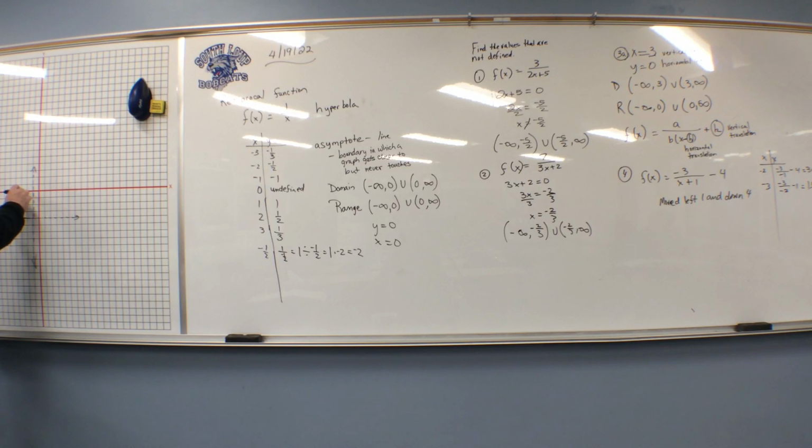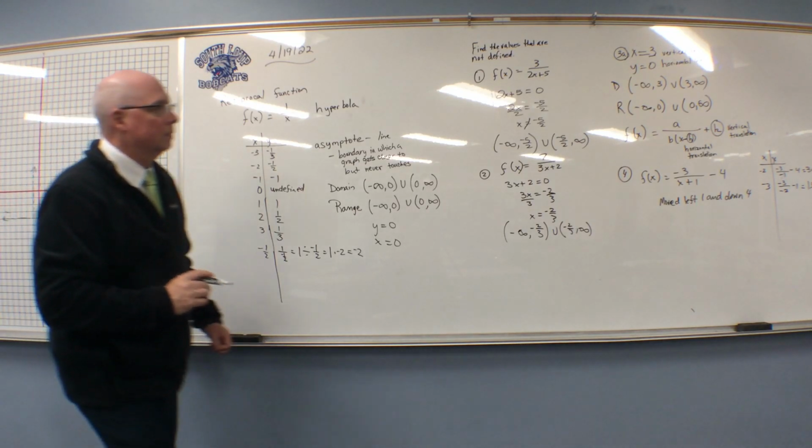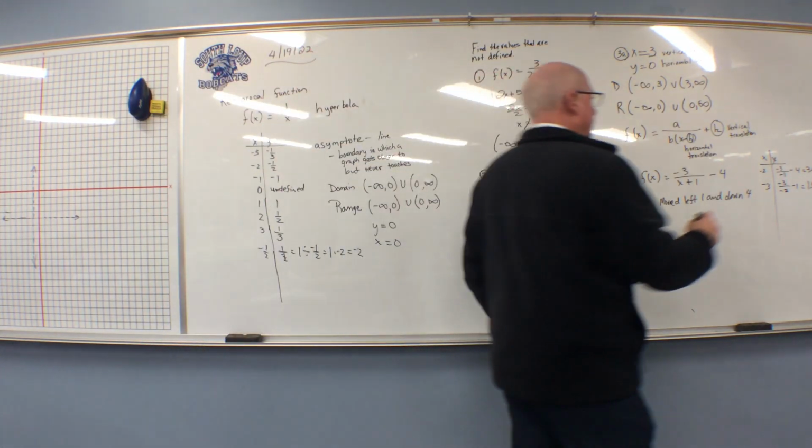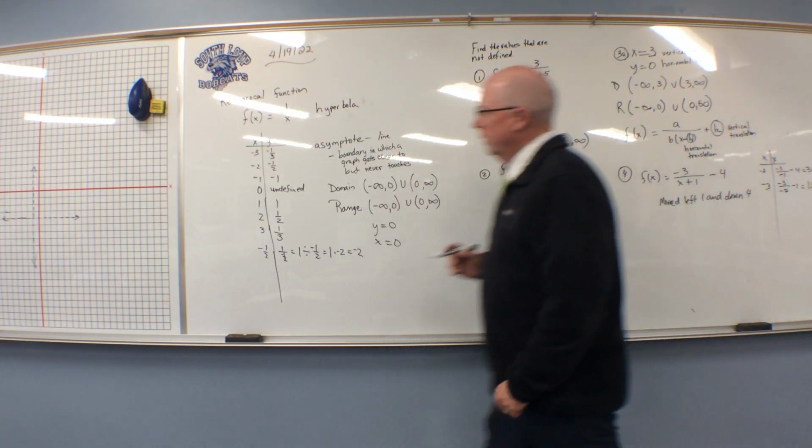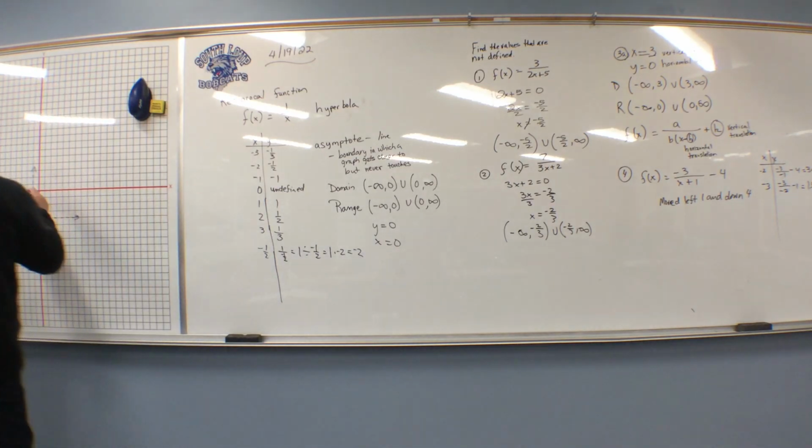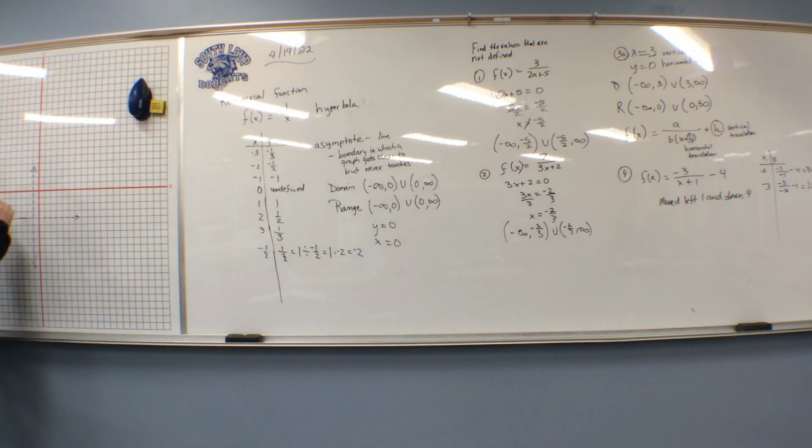Should it be -2.5? Yes. There we go. I just erased that out there, Joey. So at -3, -2.5, at -2, -1. There we go.